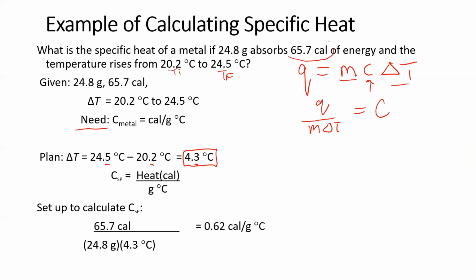They tell me it requires 65.7 calories. I plug in the mass and the delta T and I get the specific heat for that particular unknown metal. And I see that it's much lower than that of water. Water's specific heat is 1 calorie per gram degree Celsius.